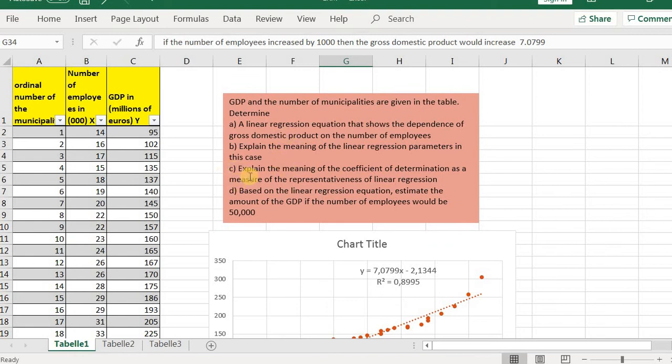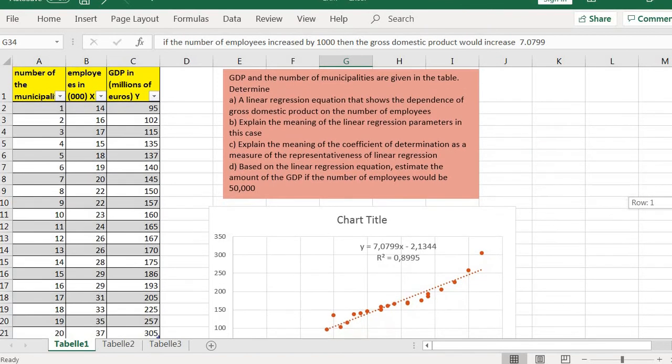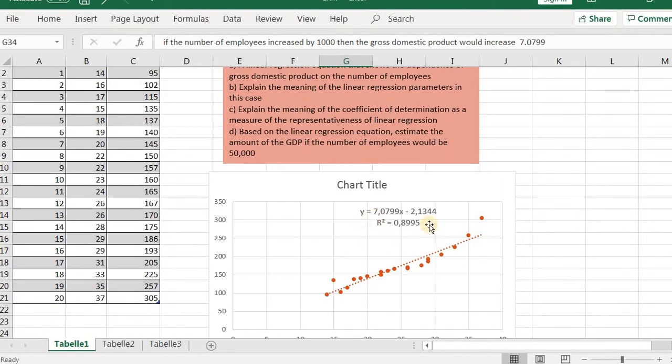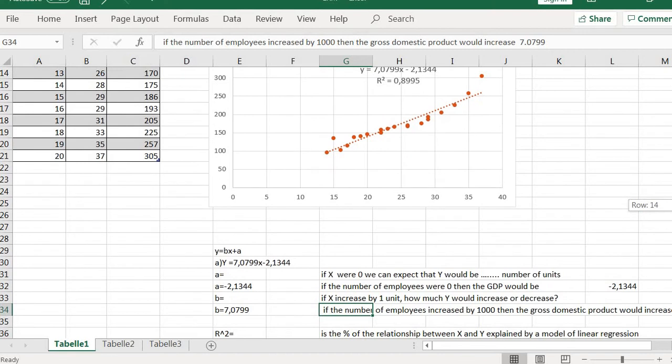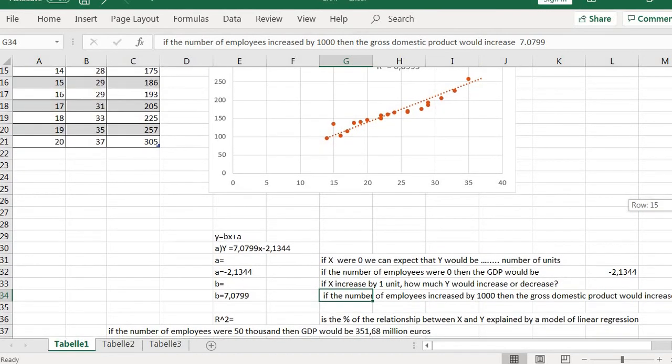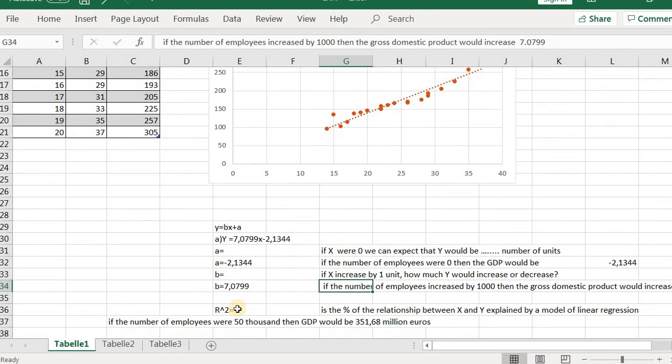We can go on to this section here, C, explain the meaning of the coefficient of determination as a measure of the representativeness of linear regression. Here is our coefficient of determination, and here I already put this explanation.